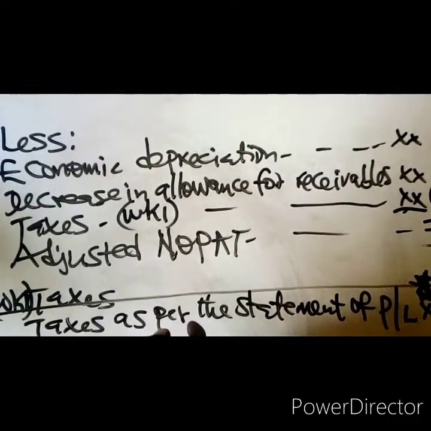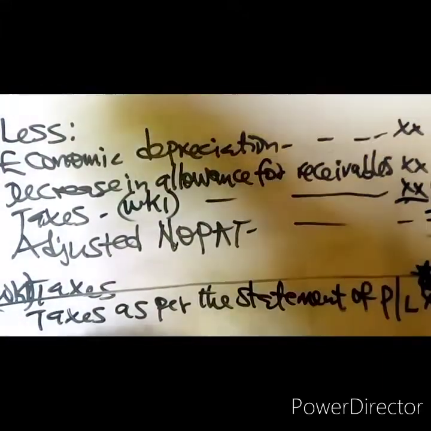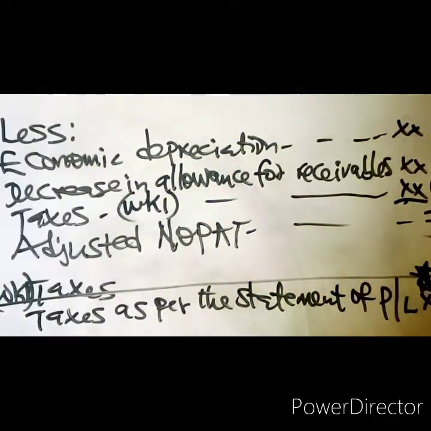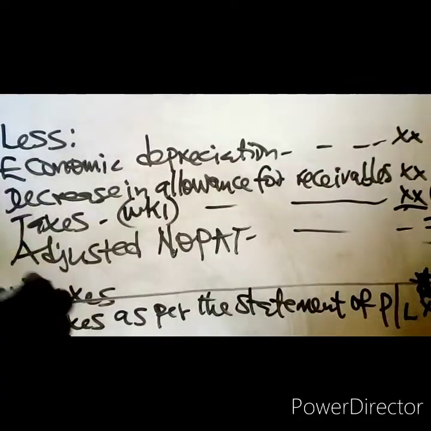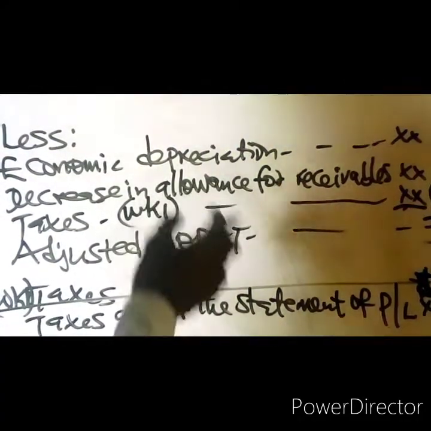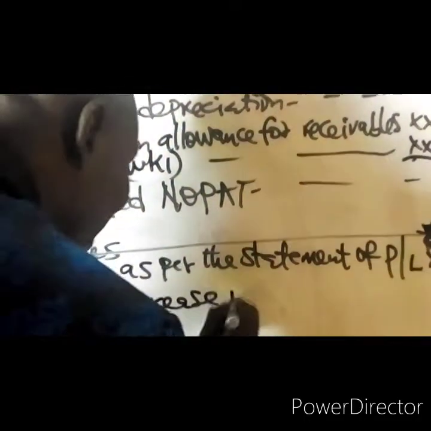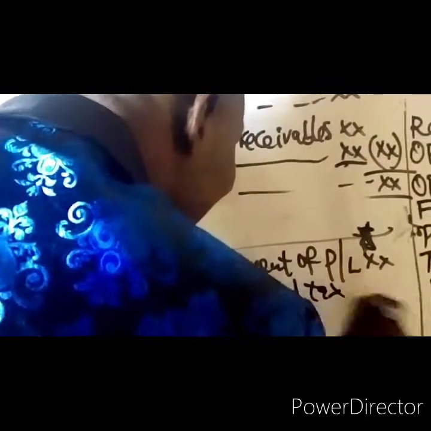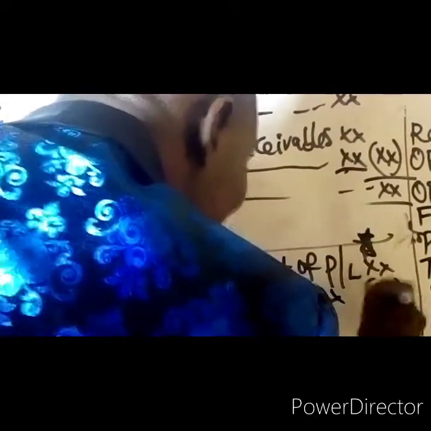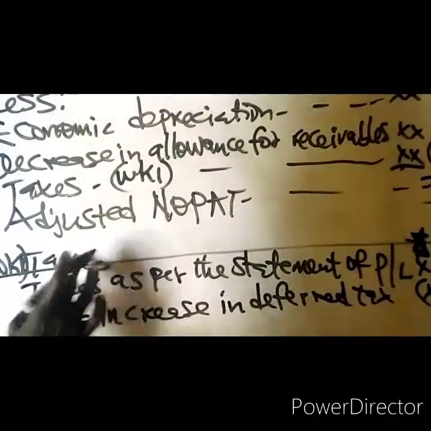So now, tax charge per income statement, you less increase in deferred tax. It is the increase that has been added before arriving at the tax expense, so you less that increase now.